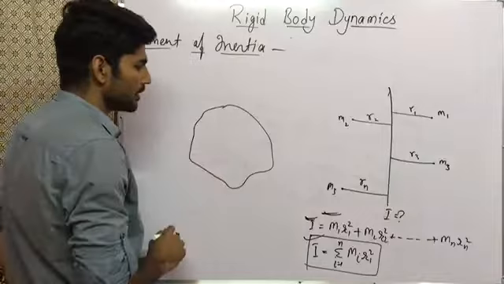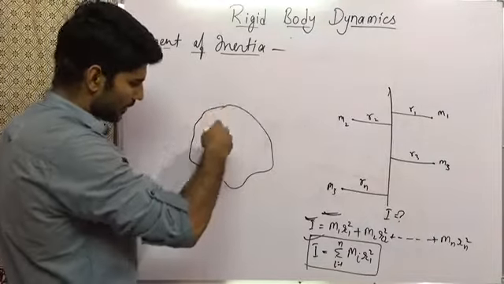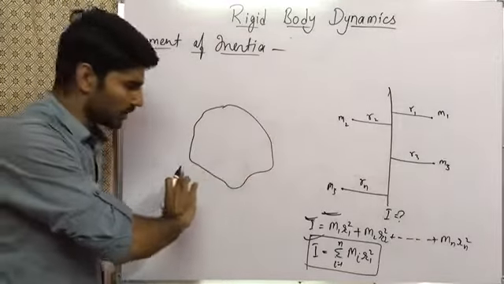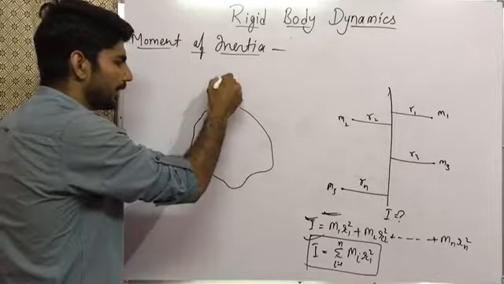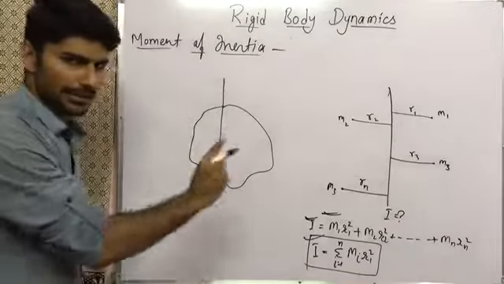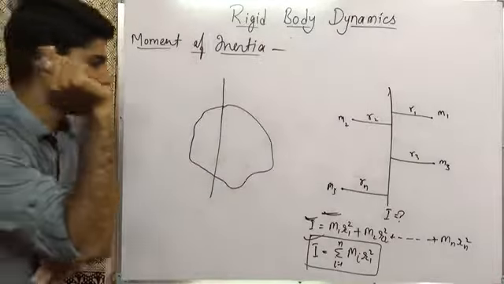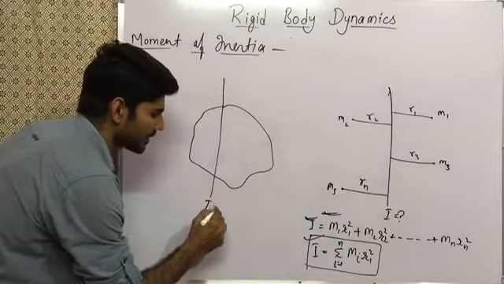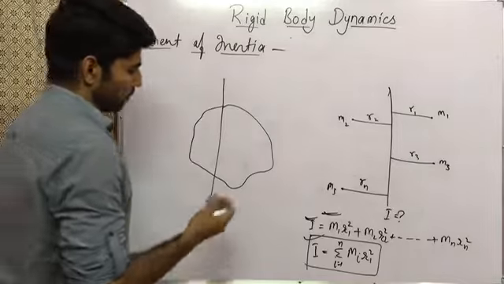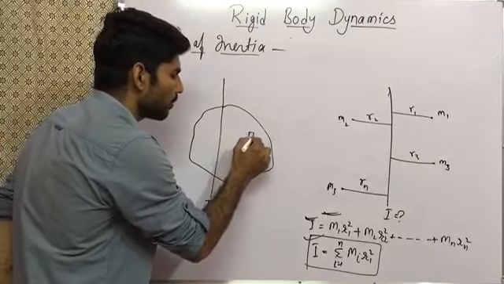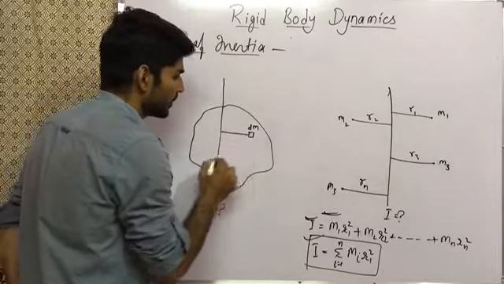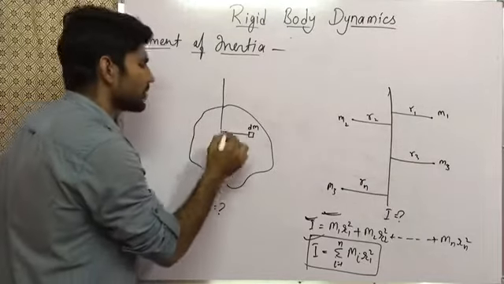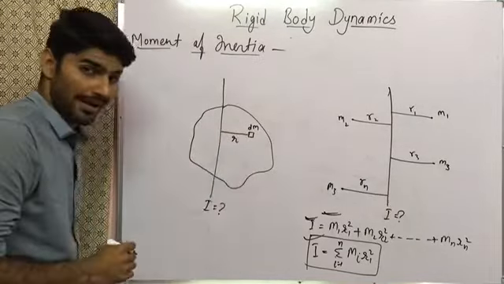Assume that this is the rigid body, and in this body the mass is distributed continuously in the complete volume, and here is the axis about which it is rotating, and we need to determine the moment of inertia about this axis. Then we take a small component of mass dm. Assume that the distance of this component from the axis is r.